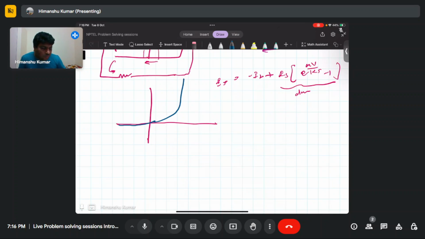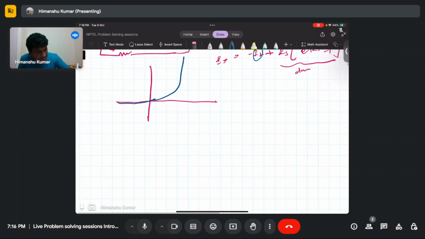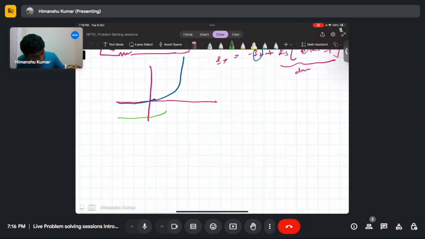If you shine more and more photons, then this light current component is added, and you will start having a characteristic like this. As you increase the light, I_L increases, and your solar cell will generate more and more current.